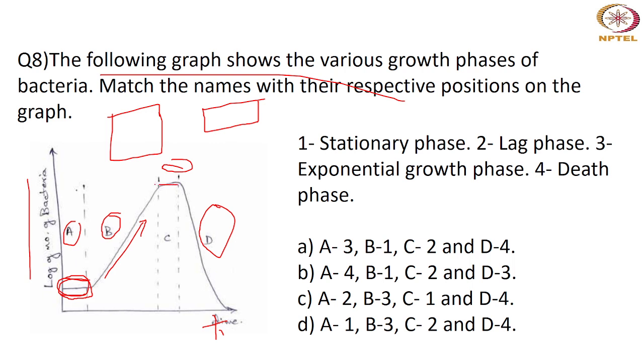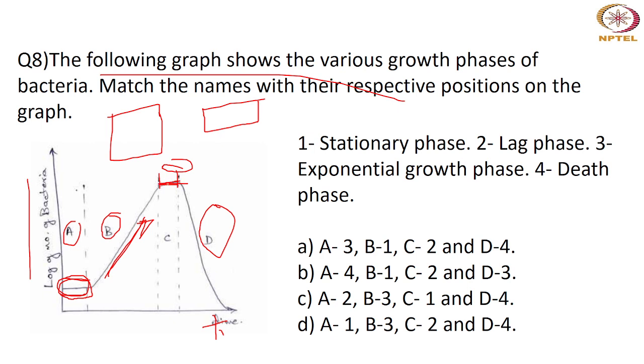After some time, during this exponential growth also, the death of the bacterial cells is going on. But at this point, the death and the birth of the bacterial cell will be the same. The generation of the bacterial cell and the death of the bacterial cell will be the same.